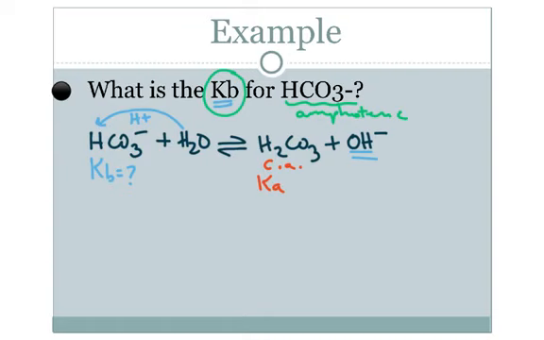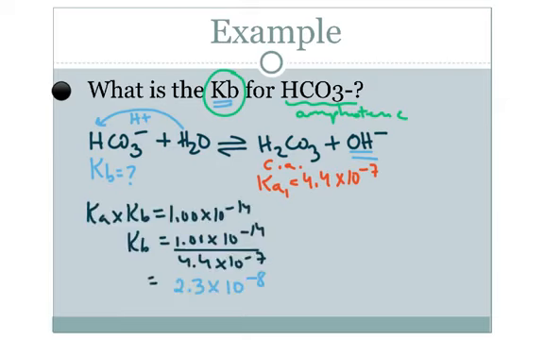Again, using this table is a little bit confusing because there are multiple formulas and multiple Ks. But H2CO3 is the first formula, which means I have to use Ka1. The Ka here is going to be that first one, 4.4 times 10 to the negative 7. All right, I've got all the pieces now, so I'm going to put it all together. I'm going to divide and come up with 2.3 times 10 to the negative 8 on this one. All right, so hopefully we've got the hang of it now.